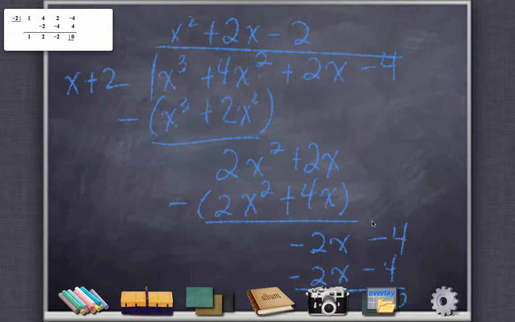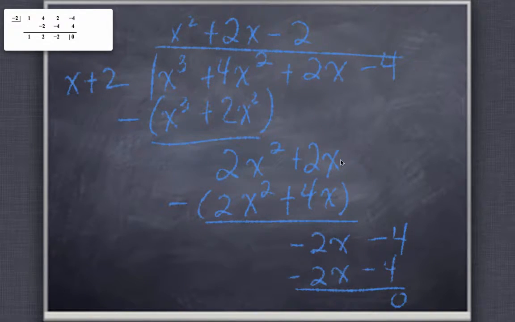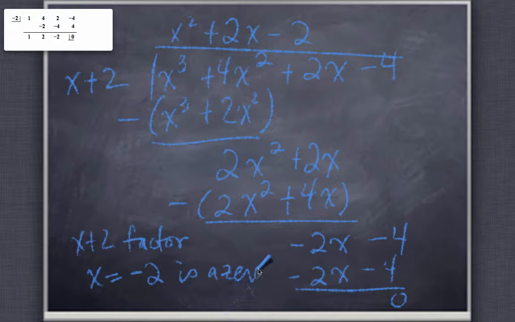And that leaves us with 0, so the remainder is 0, which means x plus 2 is a factor. So x plus 2 is a factor. So x equal to negative 2 is a 0, because if I set this equal to 0, when I move over the 2, it's subtracted.